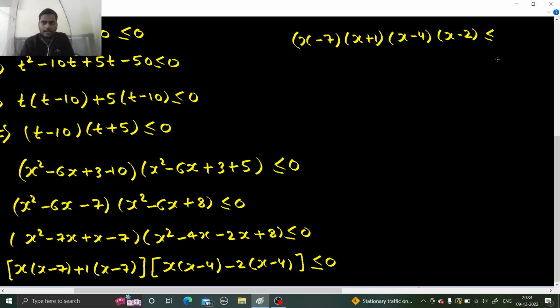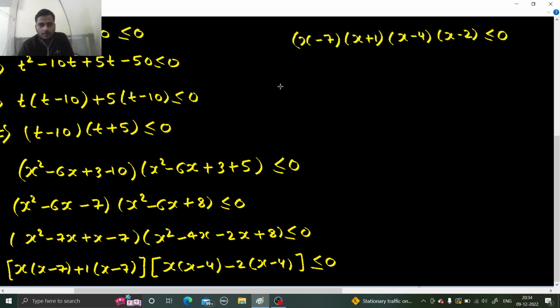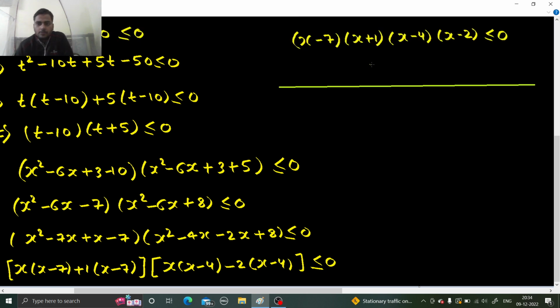Now we can draw the number line. So if I draw the number line now, critical points are -1, then we have 2, then we have 4, and then we have 7 also.